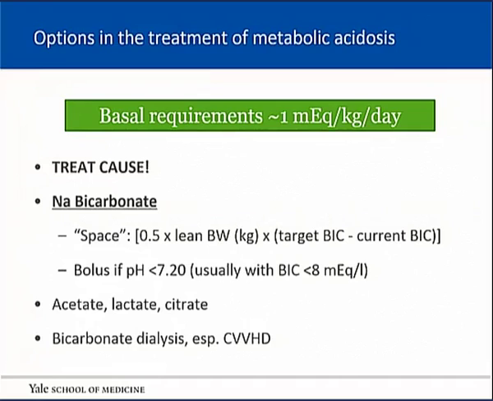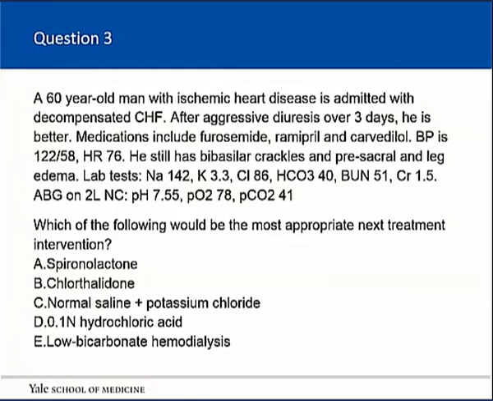If you decide to replace, then this is the roadmap. Basal requirements, about 1 to 1.5 milliequivalents per kilo per day. Treat the cause, essential for lactic and for DKA. And then my preference is always to use bicarbonate, and we give there the options. In patients on TPN, you can always maximize the amount of acetate, and if needed, you need to give bicarbonate dialysis.